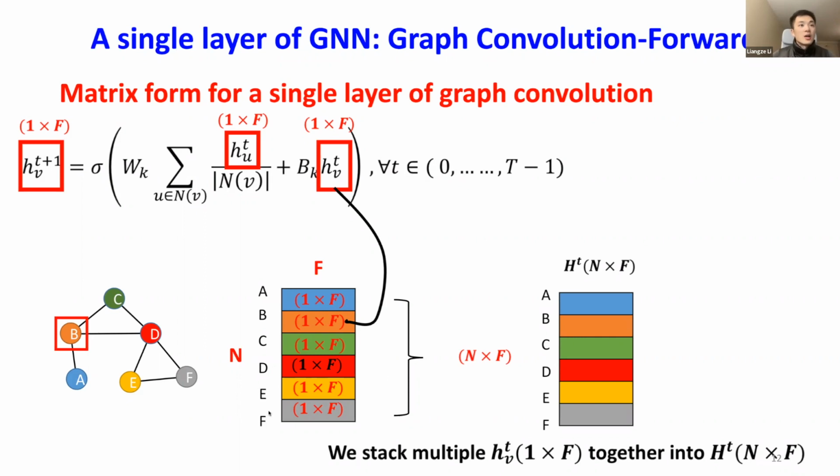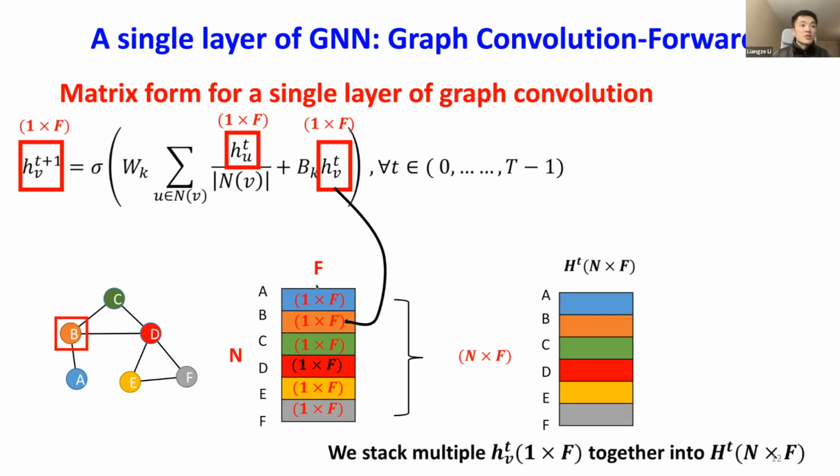So in here, we can see the entire H matrix that contains the entire representation of all the features in all the nodes, where I'm putting my mouse over right here. It is an n times f sized matrix. N is the number of nodes in the graph, and f is the number of features that comes with each node.